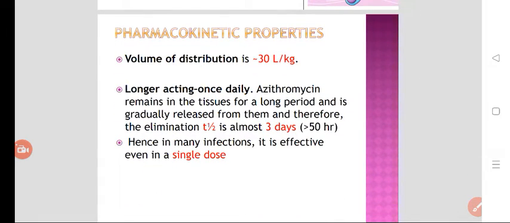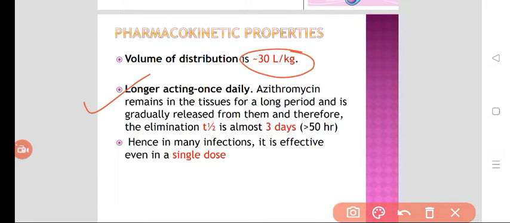Among the pharmacokinetic properties, the volume of distribution is 30 liters per kg. And why is it given as a once daily dose? Azithromycin is given once daily because it remains in the tissues for a longer period of time and is gradually released from them, and therefore the elimination half-life of azithromycin is almost 3 days, or more than 50 hours.